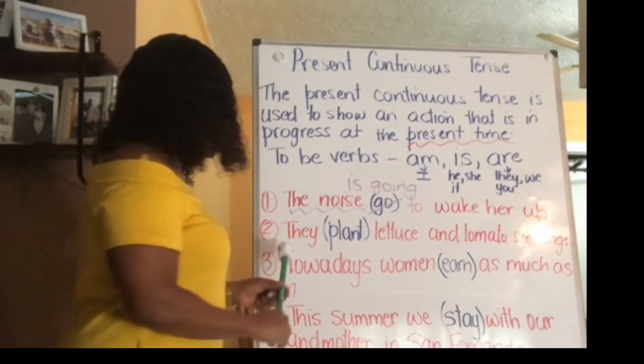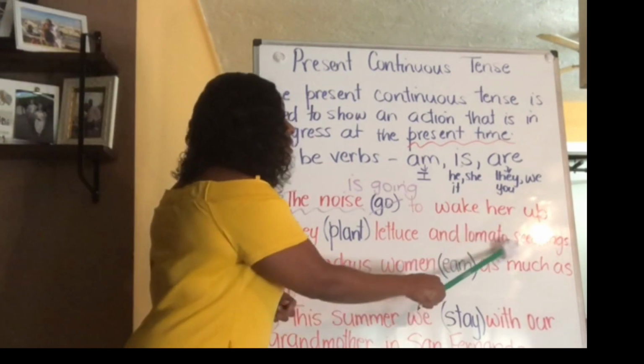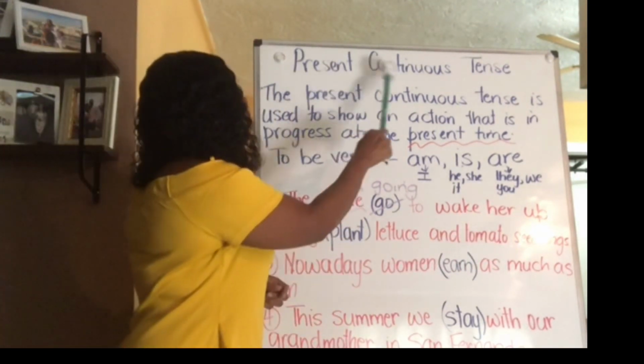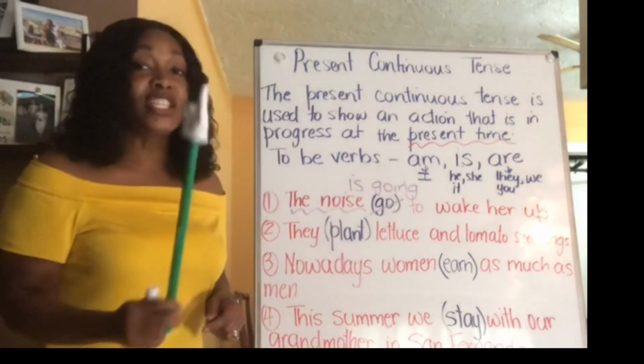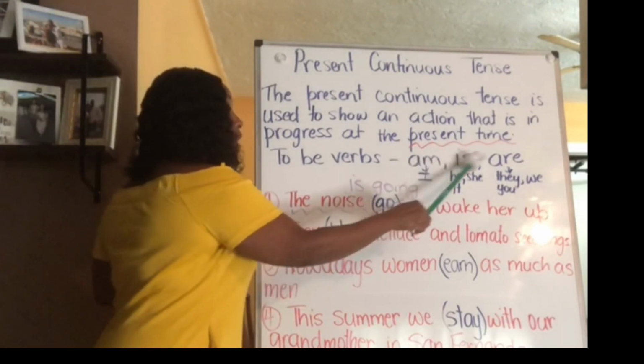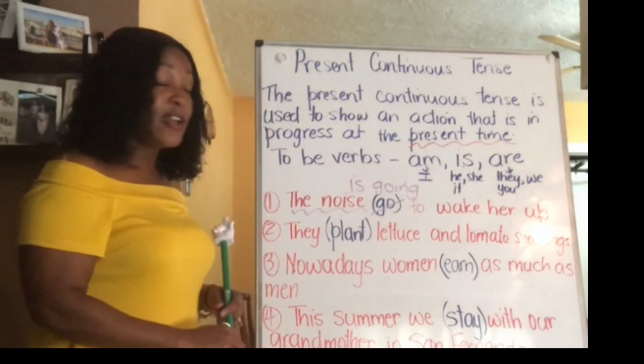Number 2, they plant lettuce and tomato seedlings. That sounds like it makes sense, but if we're thinking about present continuous, it's not showing the present continuous tense. We need an auxiliary verb and then we need ing on the main verb.